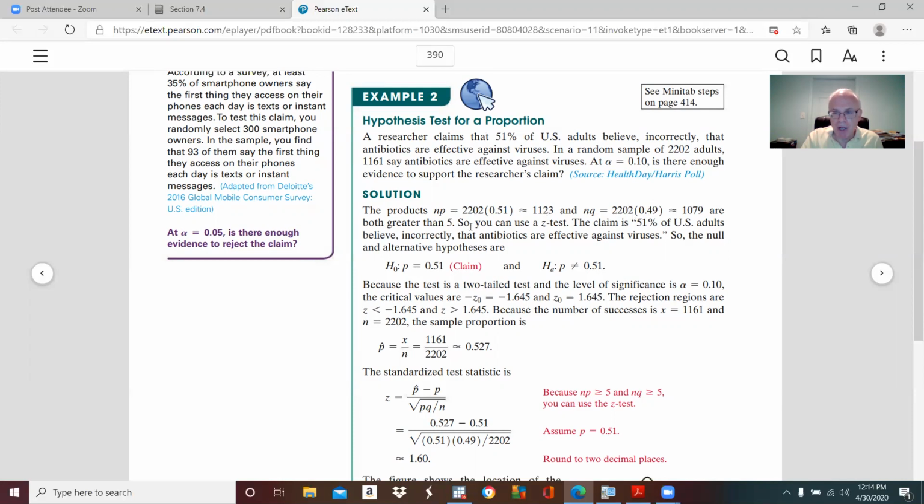It doesn't matter whether you use 5 or 10 as your number. Both NP and NQ are well above what's required for the sampling distribution to be normal. So we're definitely going to state that they're normal, so you can use the Z-test. Now, here's the deal. We have to use the test, right?